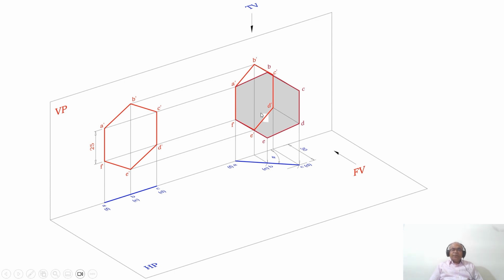As you look from the top view, since the surface is perpendicular to HP, you are getting a line in the horizontal plane. And this is how you analyze the second position, front view and top view.